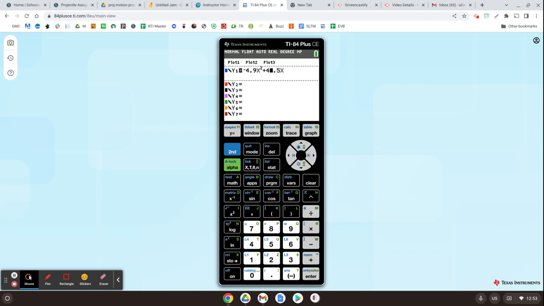This thing stinks. 4.083x. Let's graph it. I could zoom in if you wanted, but look, this thing is only going to go about a meter high, it looks like. That makes sense because we're not shooting it very fast.